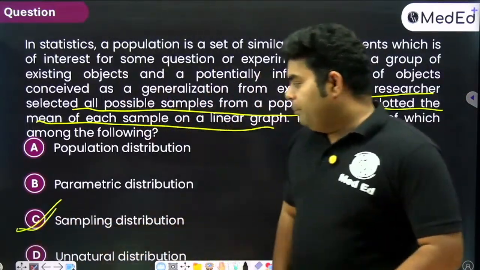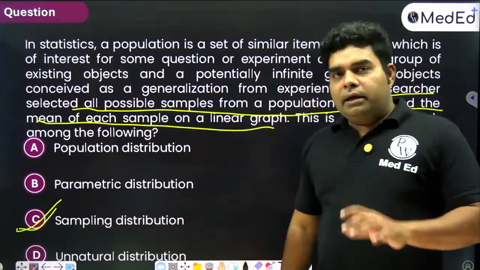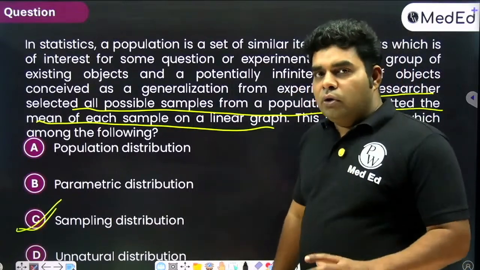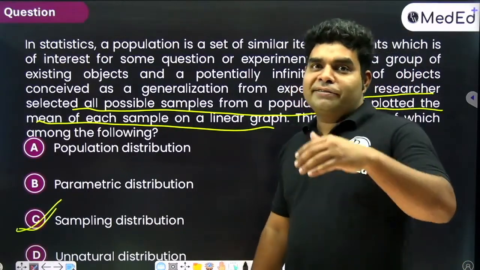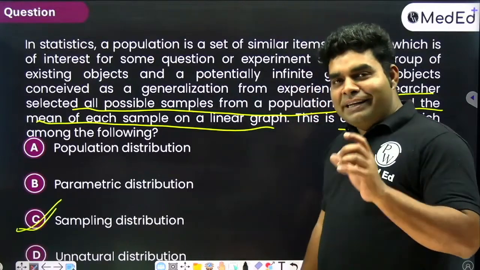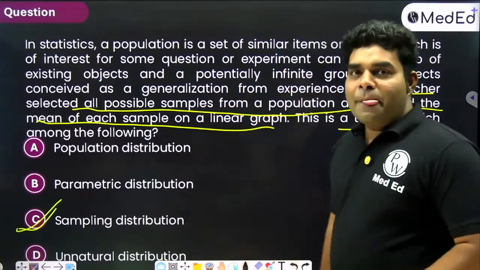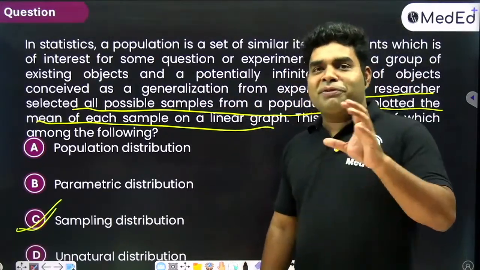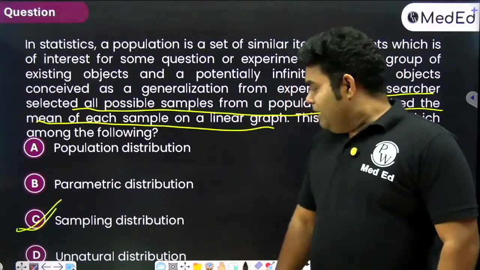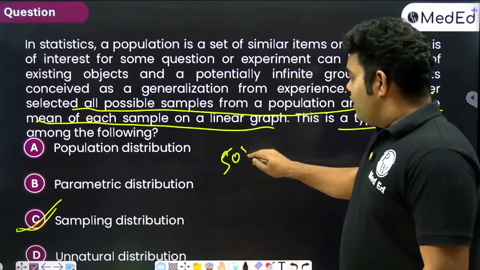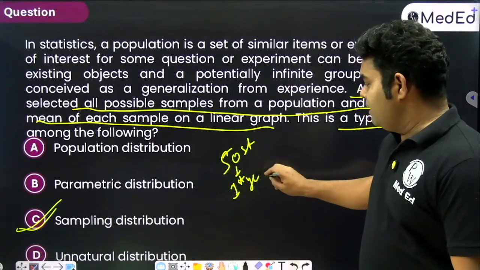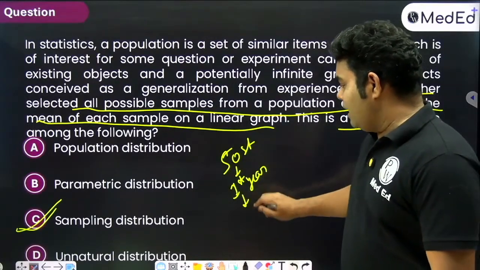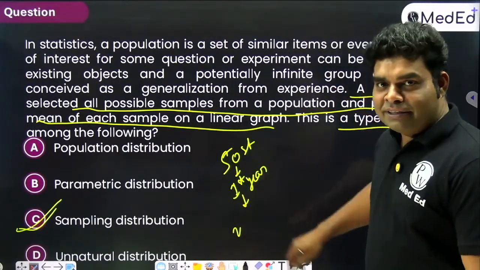Sampling distribution means, suppose I want to know how many affairs you had in each year of MBBS. So I took 50 students to interview. 50 students were from first year. I asked how many affairs you had in this 1 year. And suppose in first year the answer came, we had 2 affairs for each student.